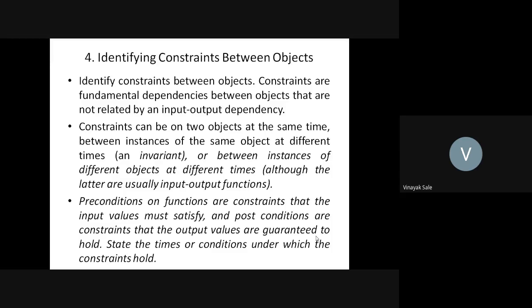Preconditions on functions are constraints that the input values must satisfy, and postconditions are constraints that the output values are guaranteed to hold. State the times or conditions under which the constraints hold.